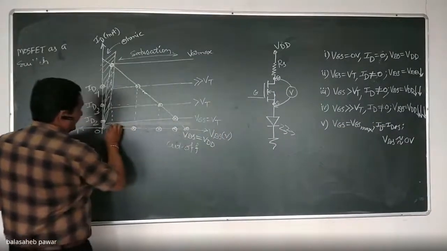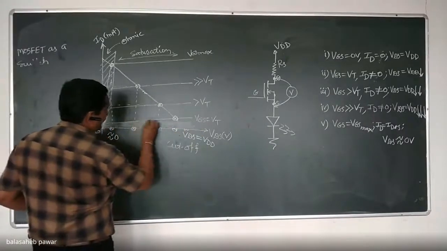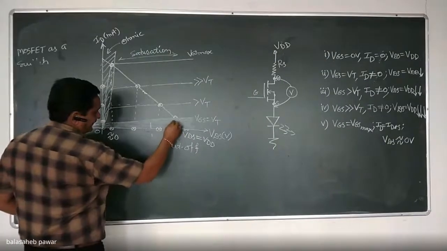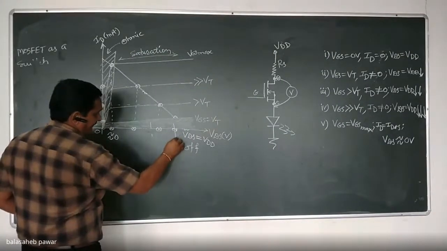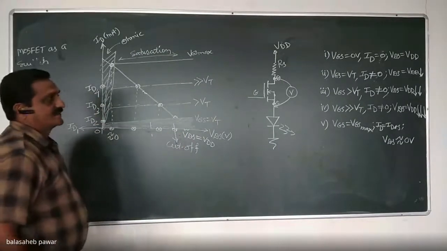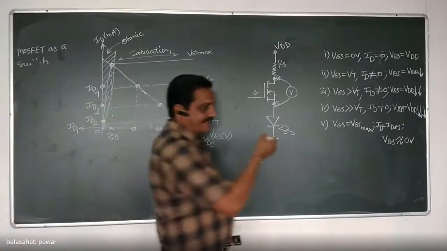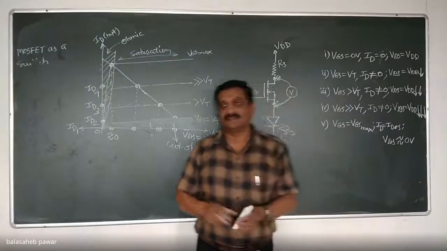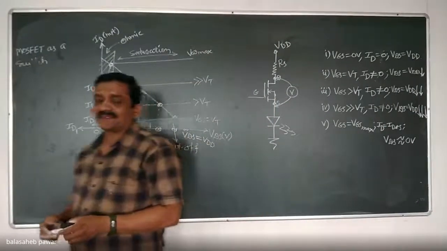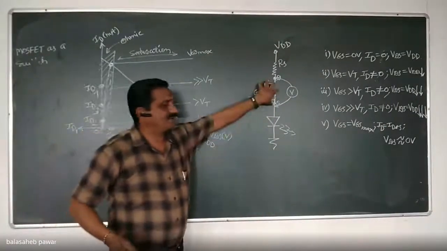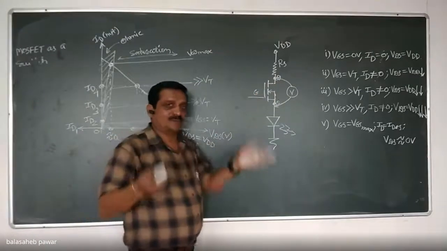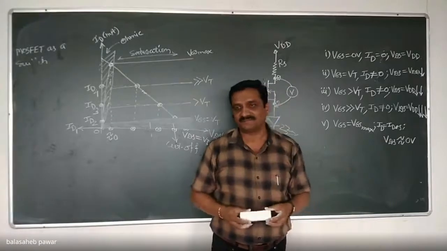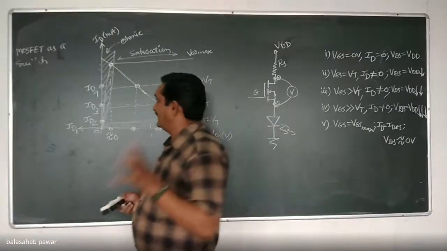When VGS is less than VT, it will work in the cutoff region. Already I have written it over here. See, correct? So just remove the gate voltage or make it 0, or make VGS less than VT. That transistor will get turned off. It will act as an open circuit, and hence this LED will get off. So simple. So are you getting it?